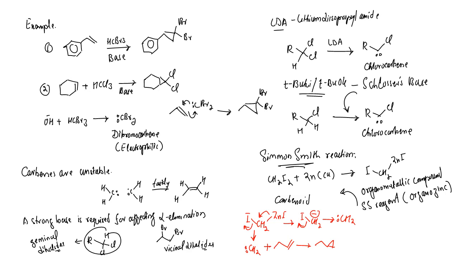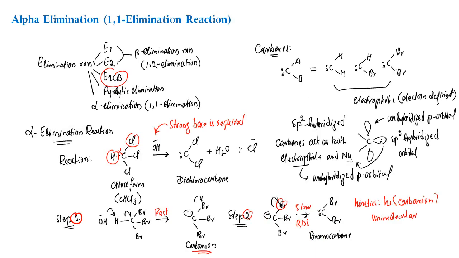So let me revise important concepts again by moving to the first slide. Usually elimination reaction proceeds through different mechanisms. We can have E1, we can have E2 elimination, we can have E1CB mechanism. Elimination reaction also proceeds through a pyrolytic mechanism, and in the end we have an alpha elimination, also known as 1,1 elimination reaction as well.